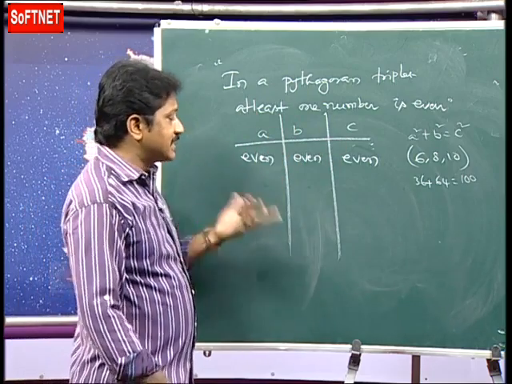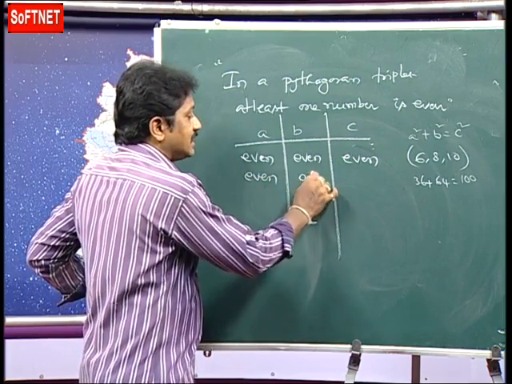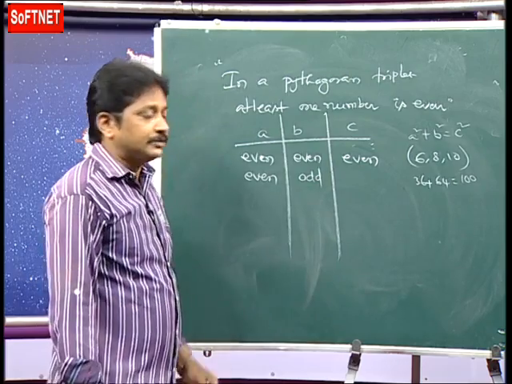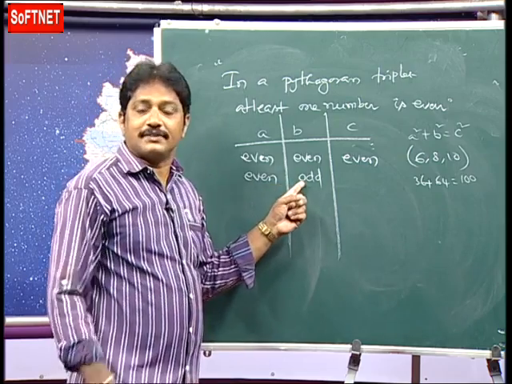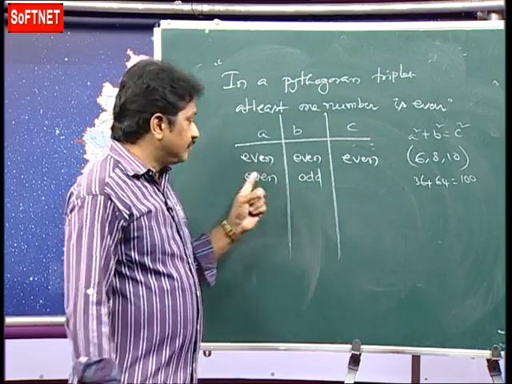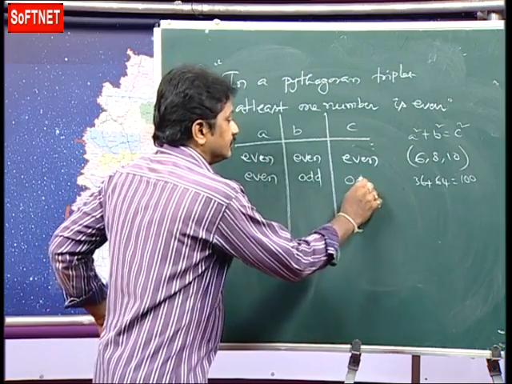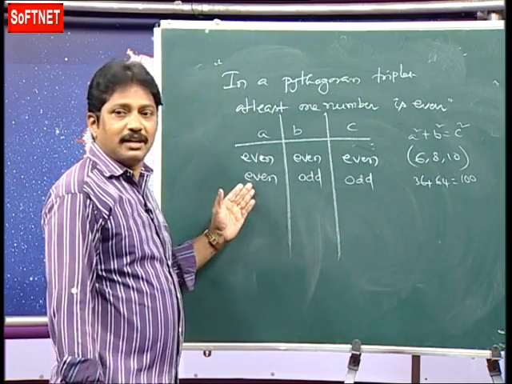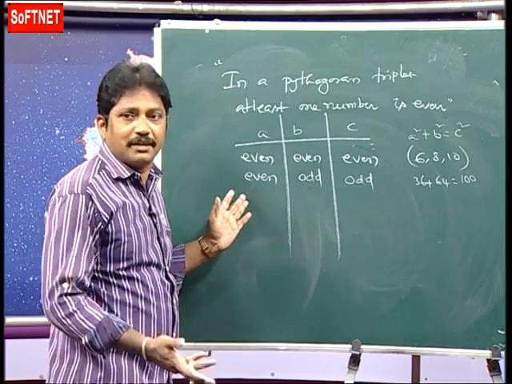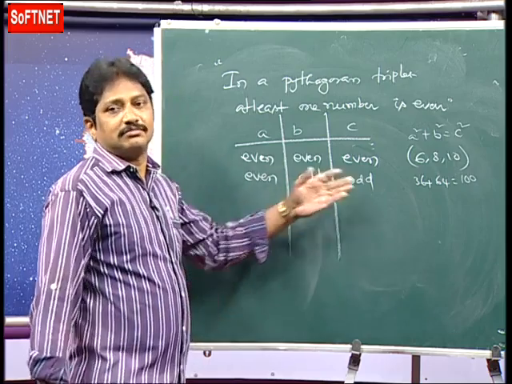Now I am checking the next parity possibility: one is even, the other is odd. Even square is an even number, odd square is an odd number, and even plus odd is an odd number.